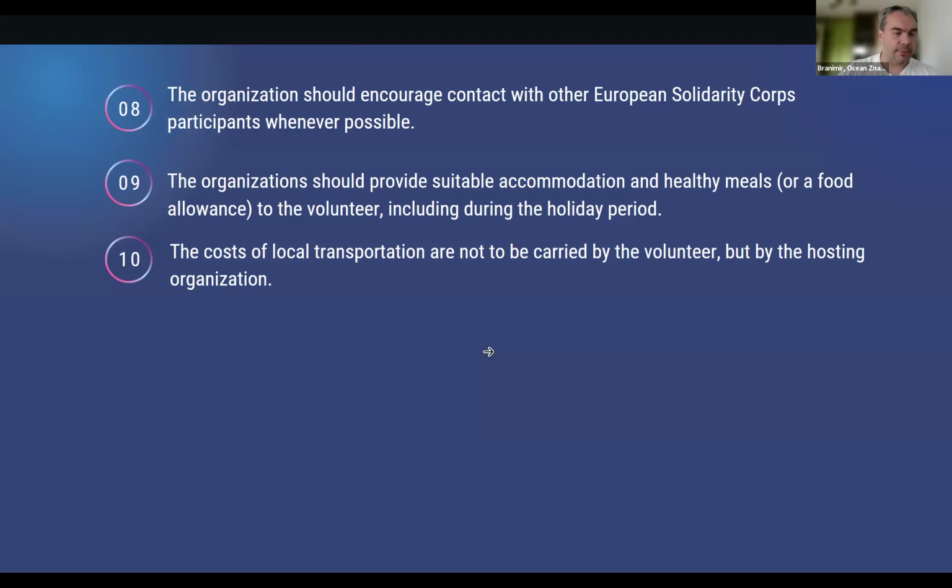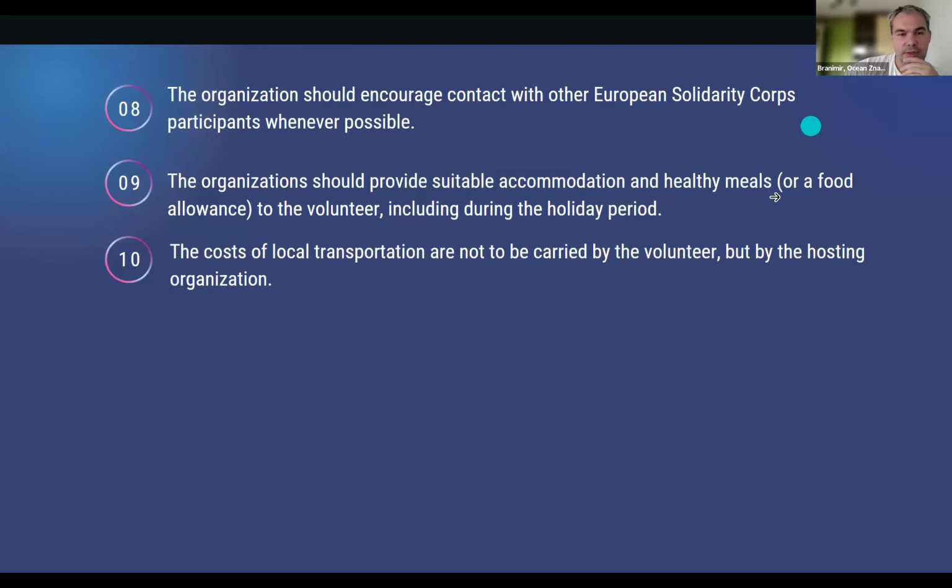Maybe somebody buys a monthly ticket or something like this, then they're free to use it whenever they want, and if they need to travel further, this is something that they cover. But it's on the hosting organization that the volunteer can travel around and come to work, or come to the volunteering position, space, whatever, a spot, without them having to incur this cost.